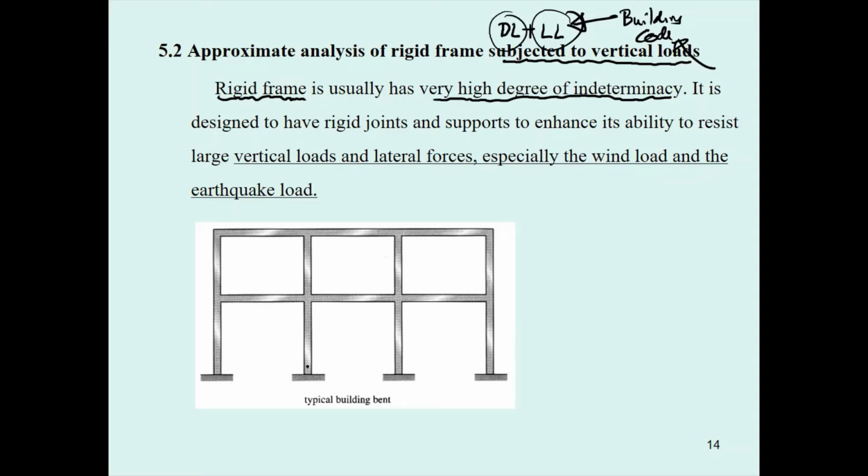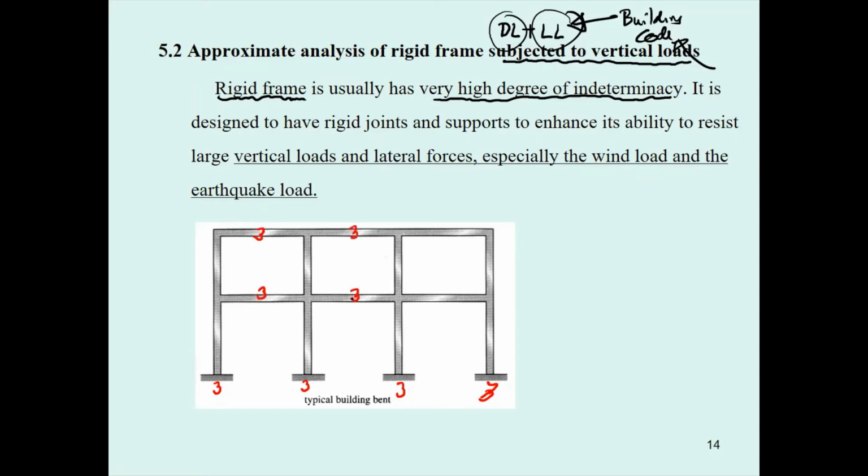How do you define the degree of indeterminacy of this frame? Okay, again, it's very easy. This is fixed, right? It's going to be 3, 3, 3, 3. Okay, that is going to be the reactions. And then you have to cut the internal beam.